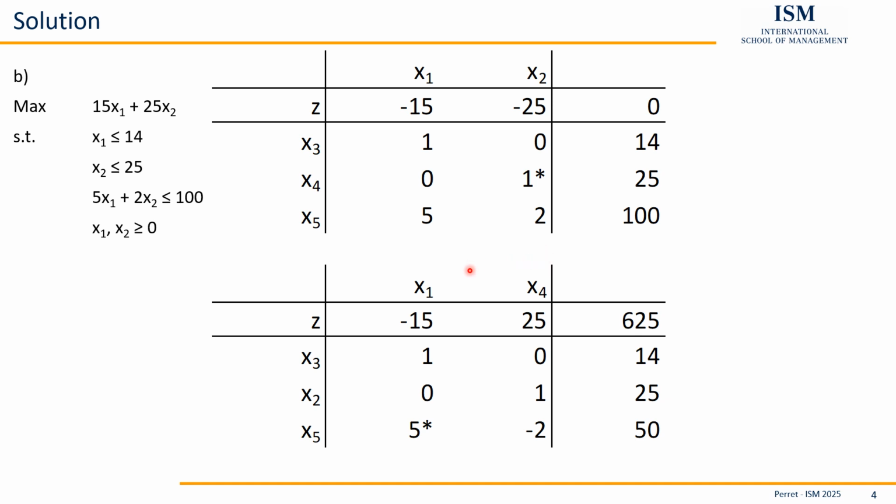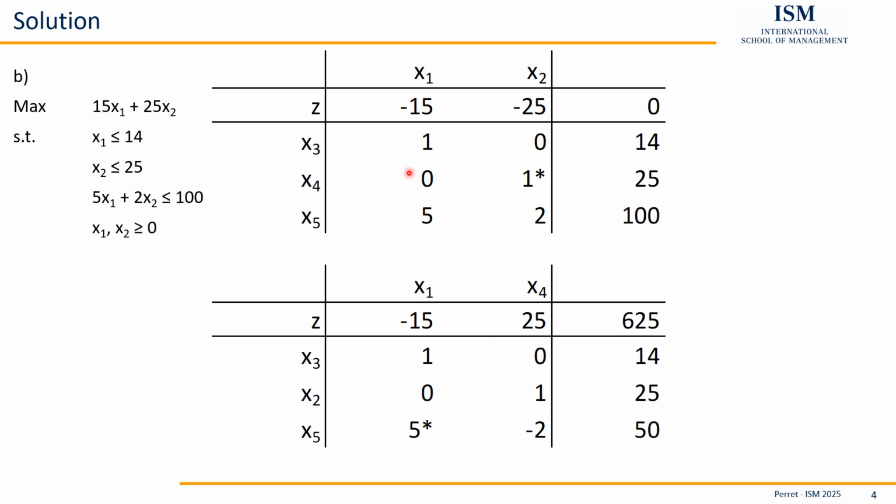So here I first exchange the variables in pivot row and pivot column, those two. And then I'm going to divide 1 by the pivot element and place it here at the position of the pivot element. So 1 by 1 gives 1.